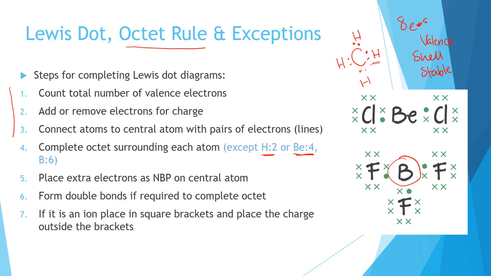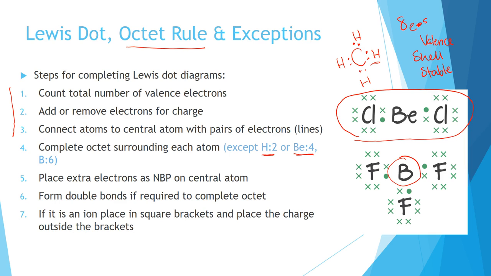And even more weirdly, if we look at this Lewis structure, we can see that beryllium has 2 electrons of its own, and then it forms 2 bonds sharing electrons with the chlorine, but that means it only has 4 electrons in its valence shell. Chlorine's maintaining its octet with 8, but beryllium only has 4, and it's actually stable when it does that.